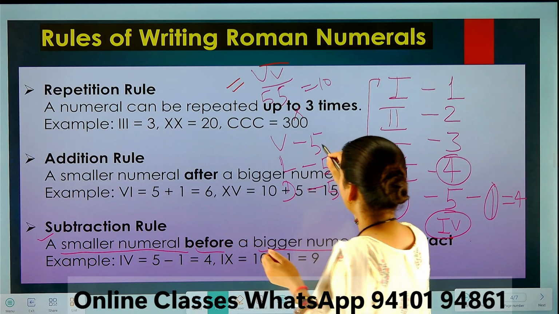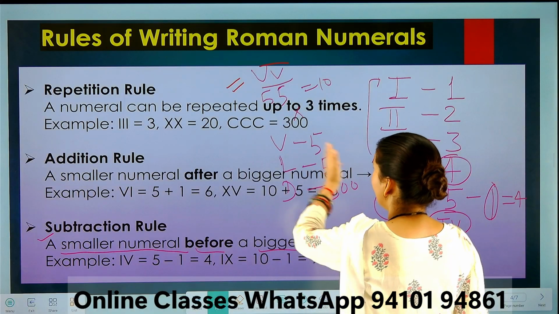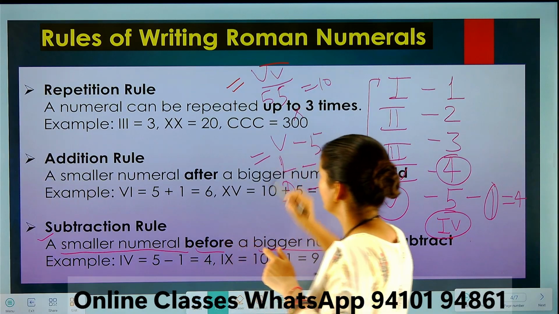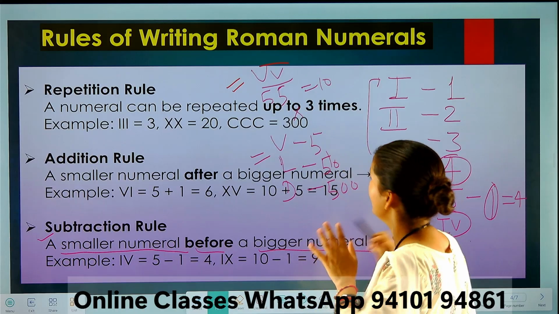You can remember it like 555, so 5, 50, 500. This is the exception to the repetition rule. So we can't repeat V, L or D 3 times.